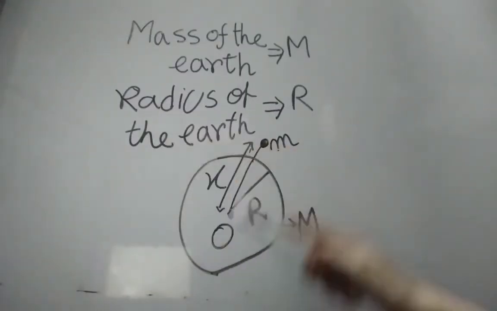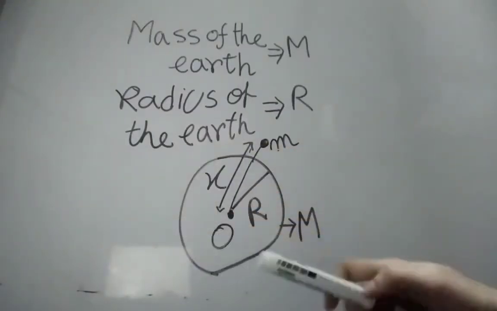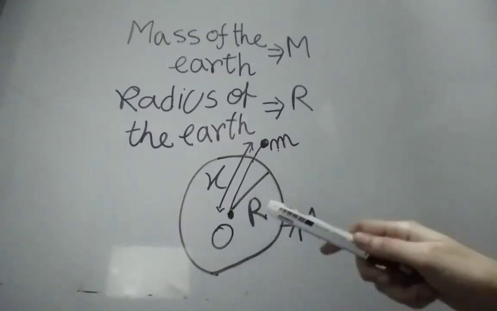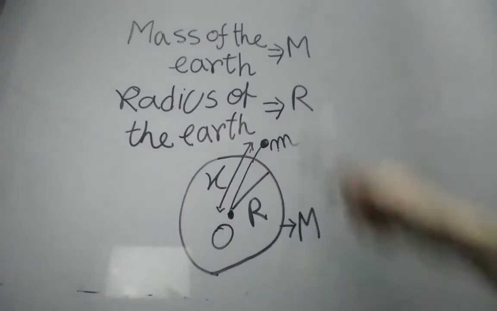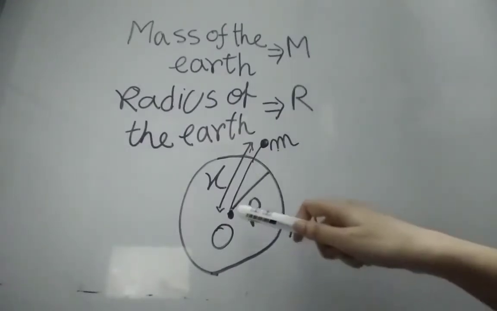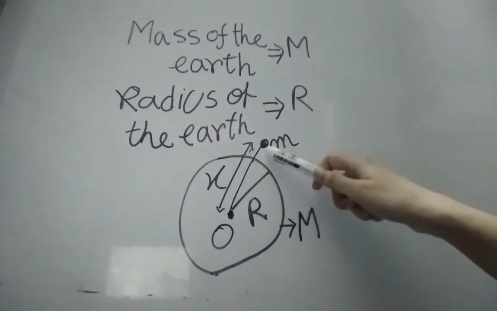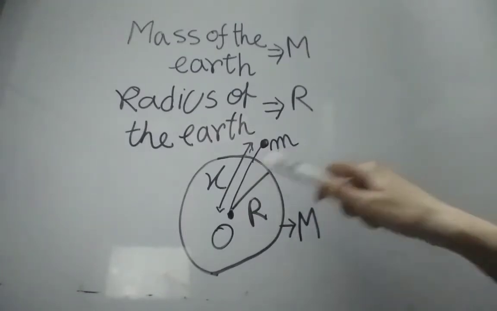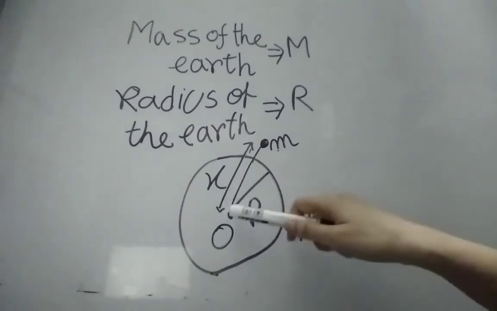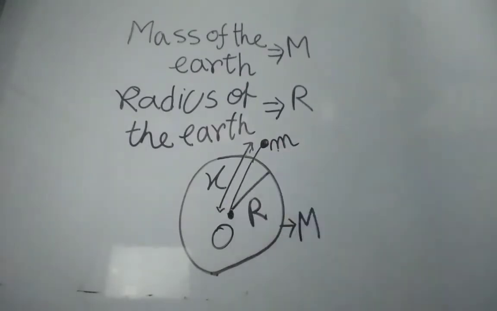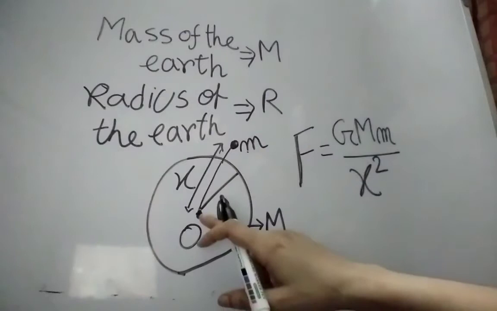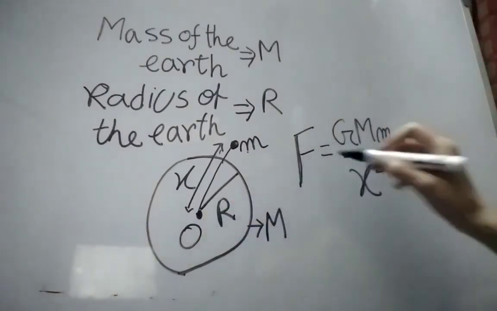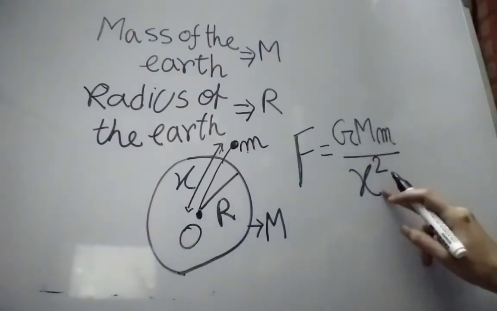Now this is the earth, this is the center of the earth, that is O, and the radius of the earth is capital R, and the mass of earth is capital M. Now we have placed an object of mass m, small m, at a distance x from the center of the earth O. So the gravitational attracting force on this object due to earth is GMm by x square.